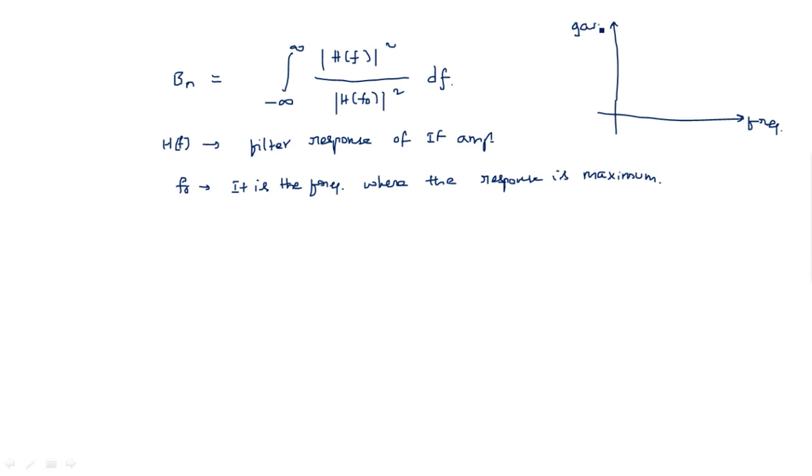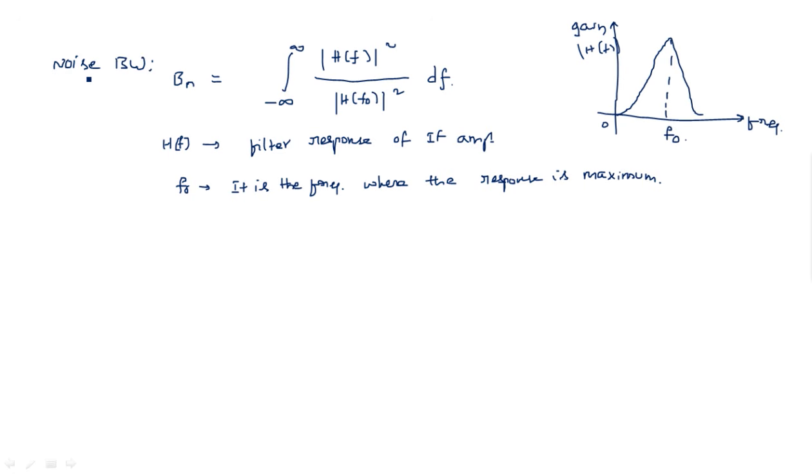It is the gain, so it is mod H of f. See this, it is f naught. So f naught is the frequency at which the response has maximum gain. This is the bandwidth of the IF amplifier, and you can call this the noise bandwidth.